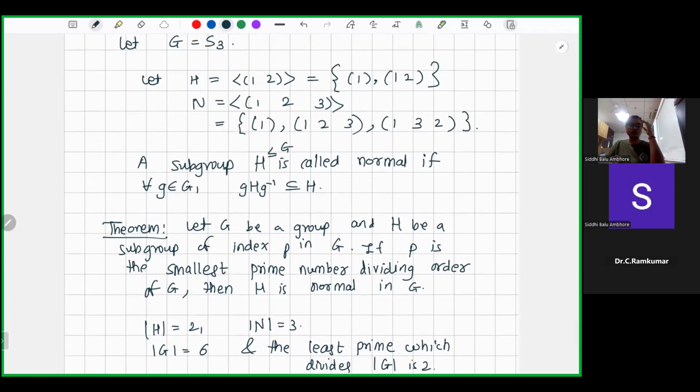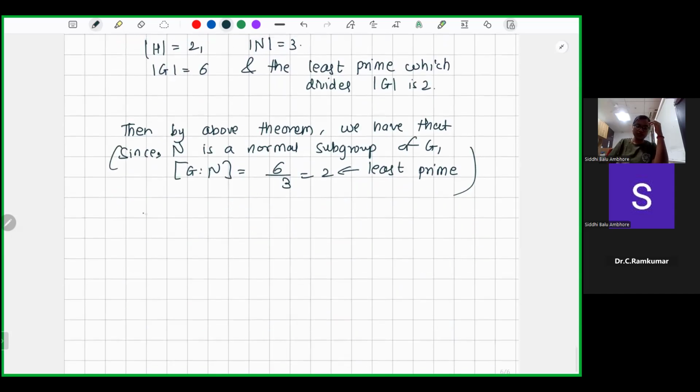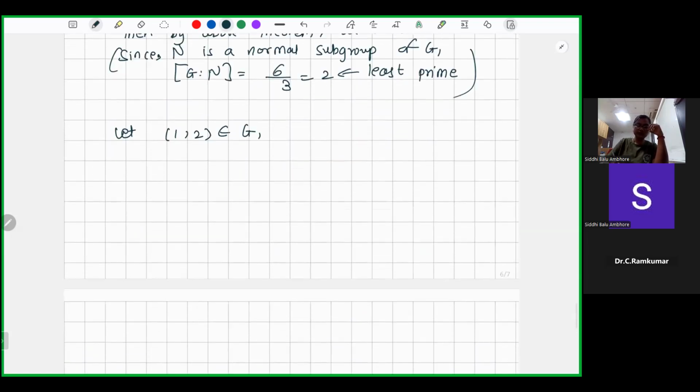And to see that H is not a normal subgroup in G, let us choose two elements. Let (1 2) be in G and (2 3) be in H and in G. Then the inverse, let us see.